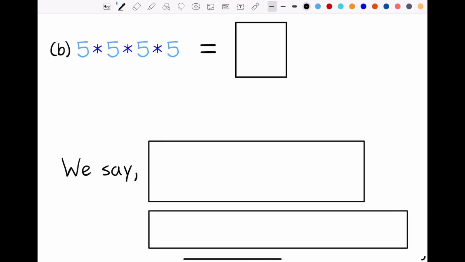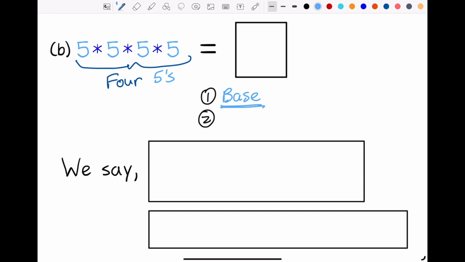Let's rewrite this second example where we're multiplying 4 5's together. So here we have 4 5's. Just like our last example, we need to identify the 2 pieces of information, or the 2 parts of our exponential expression. First we identify the base, which is the number we're multiplying repeatedly.